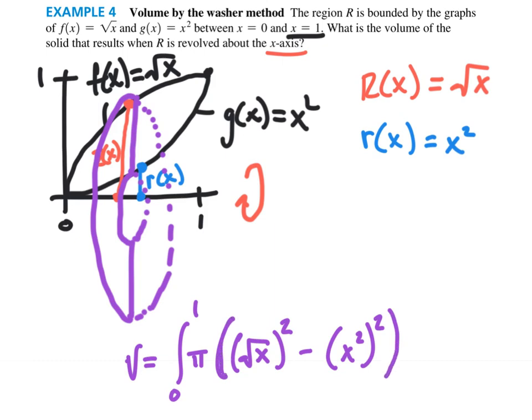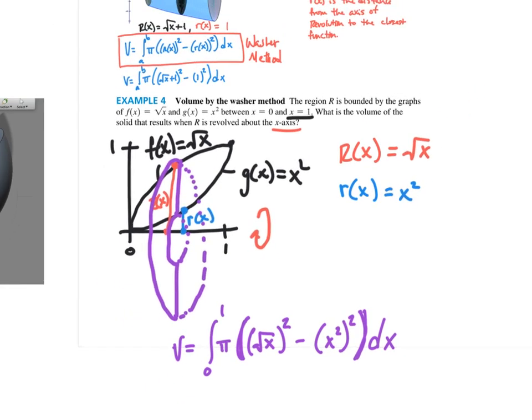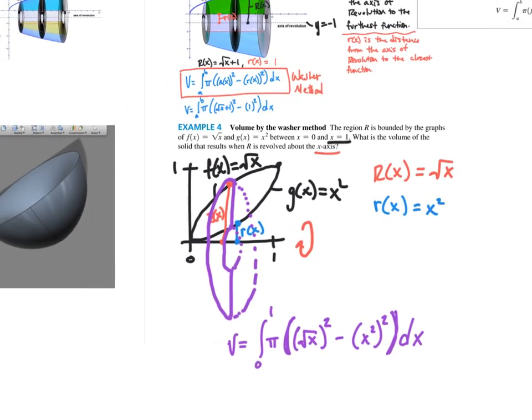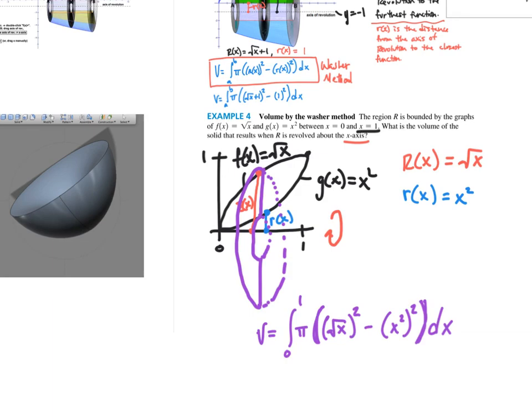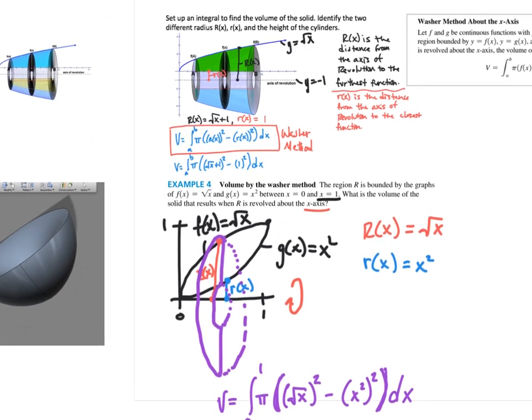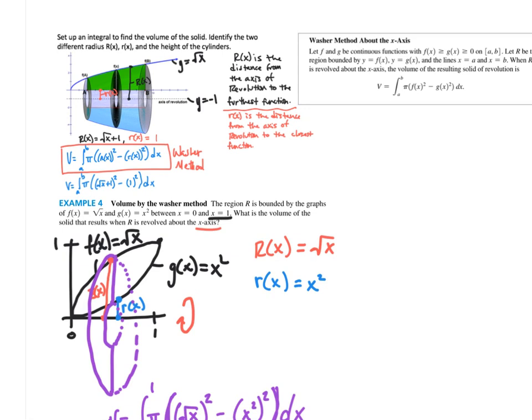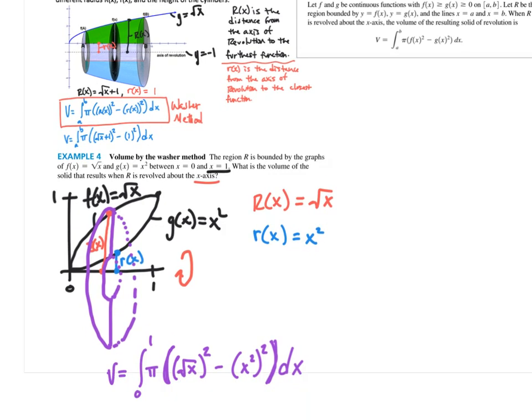You must have parentheses around these two radii, the difference of these two radii squared, and then have the dx on the outside. And that's it, okay? It is kind of an interesting thing that we have to do, but all of these problems are very similar in the fact that we've got to find our big R, find our little r, figure out what those distances are, and then set up our integral, okay?